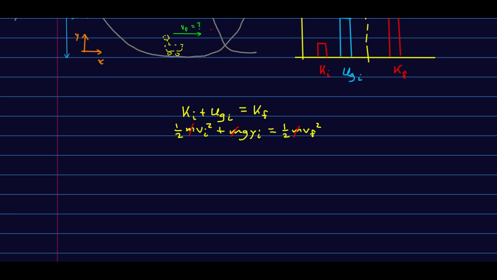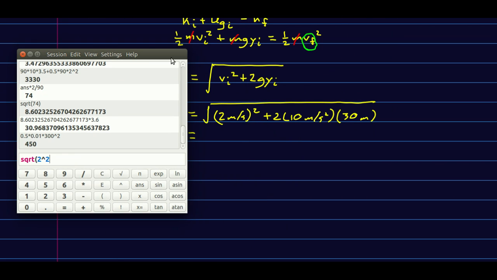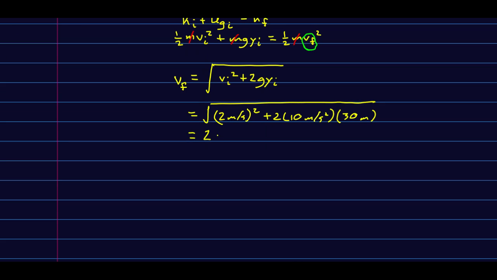That's a useful thing to realize. And what we want is v_f, so we'll just solve for v_f. And we get a final speed here of about 24.6 meters per second.